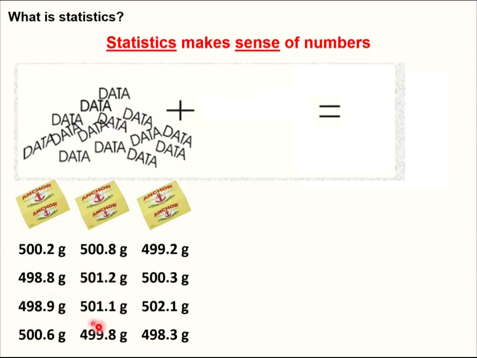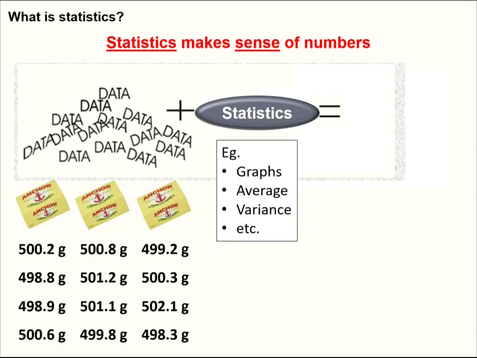And when you look at these numbers, they don't really tell you much. They're not really telling you a story. There's not a lot you can do with these raw figures if you just stare at them. So this is where statistics comes in. If you combine data with statistics, you can derive deeper information, deeper insight. When I say statistics, these are various tools that you're going to learn over the coming year.